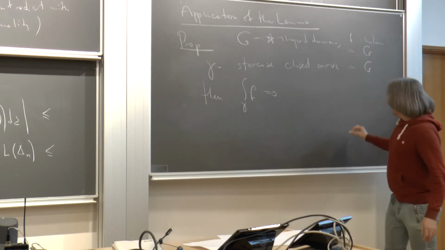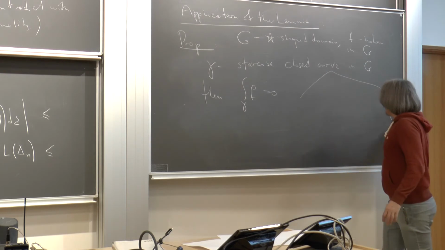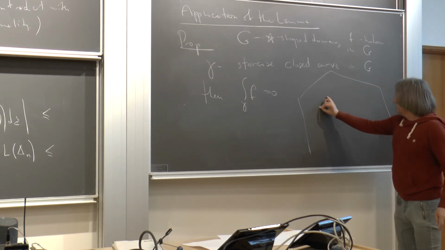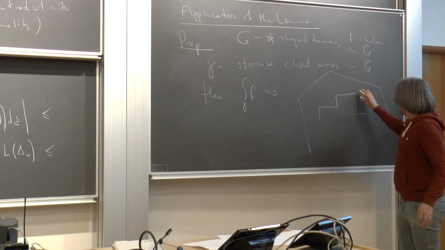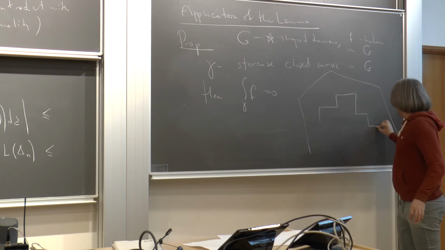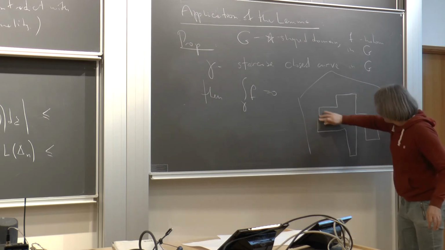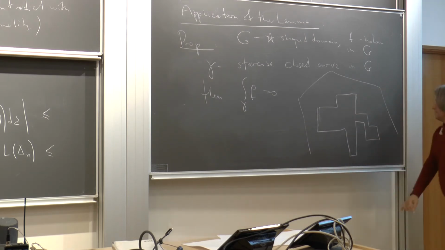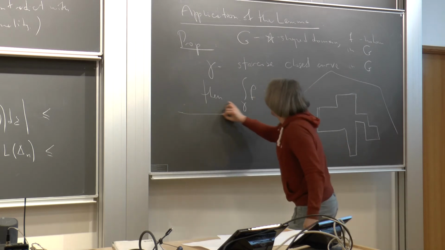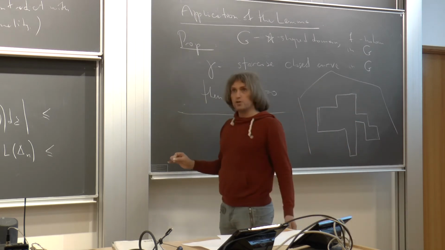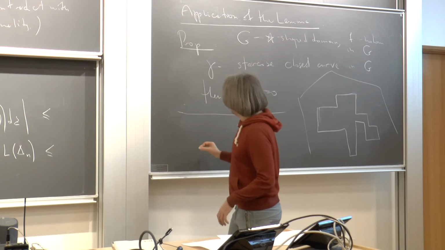So yeah, the picture is like this. We have this star-shaped area, and then our curve is something like this. And it's closed. And then the integral is 0. Yeah, I'll tell you the idea, but the actual proof will be on Tuesday.